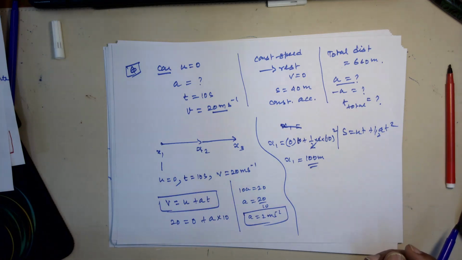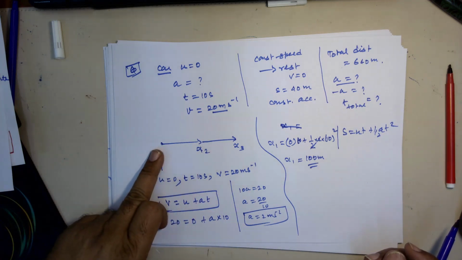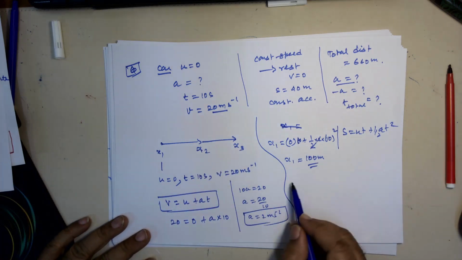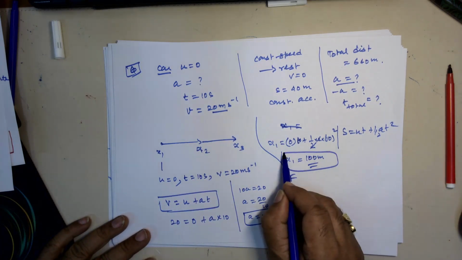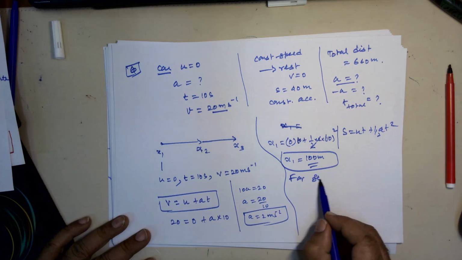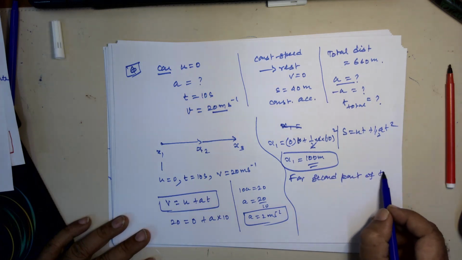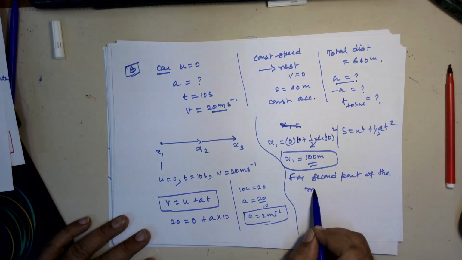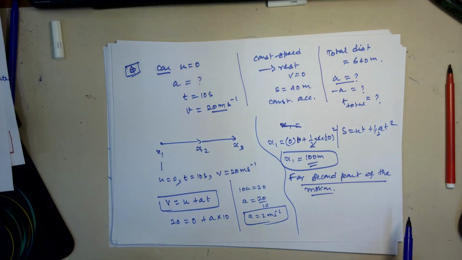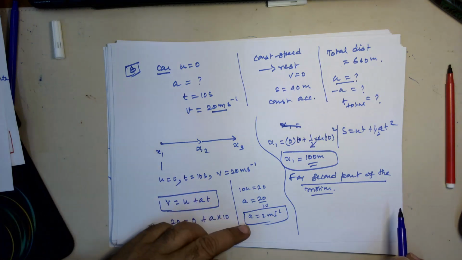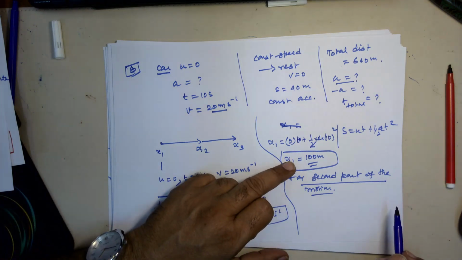And this is the first part of the motion. Now we have to calculate the second part of the motion. So note this down, for the second part of the motion, we can proceed like this. x1 is already taken as 100, is it not?